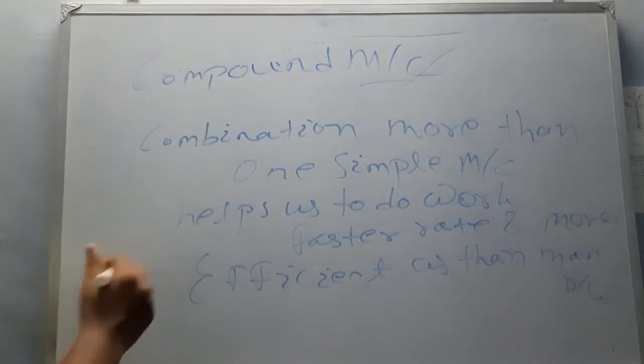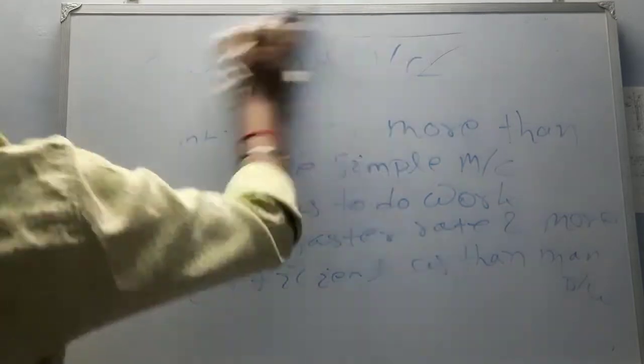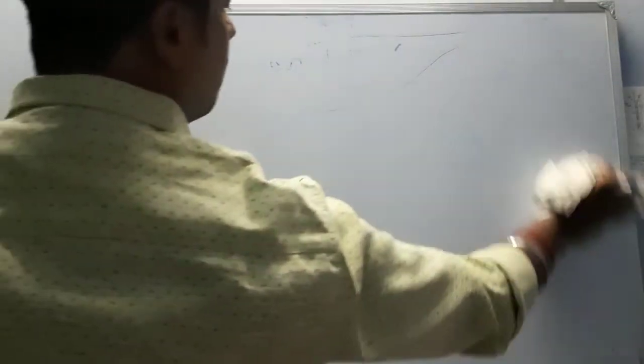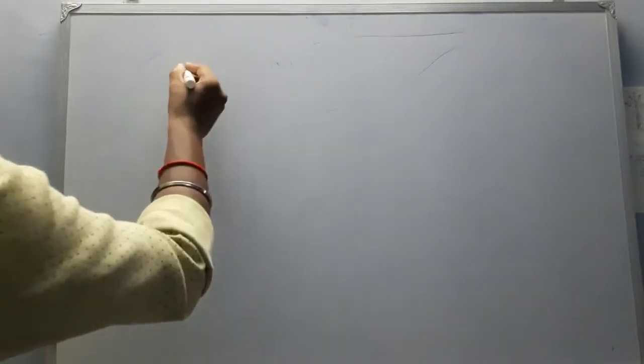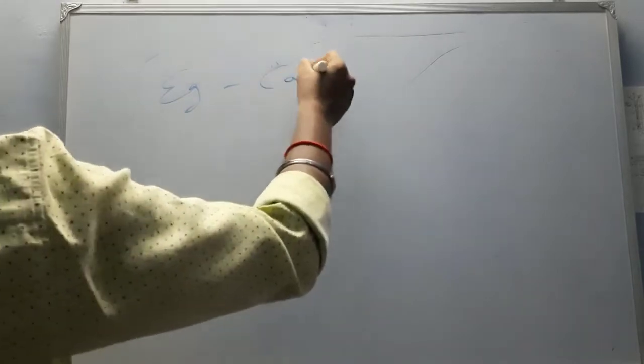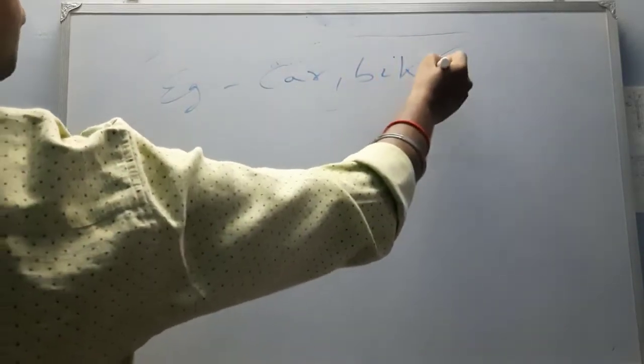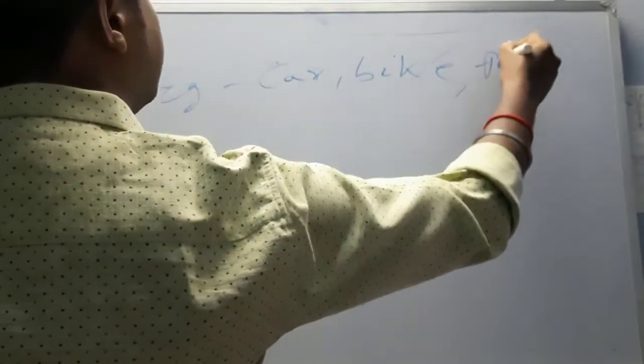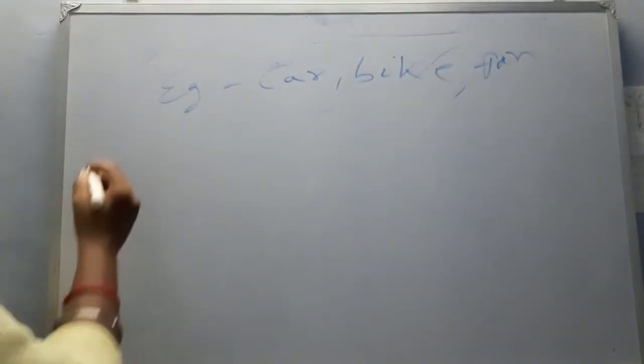Examples which we normally see in our surroundings are car, bike, and fan. These are examples of compound machine.